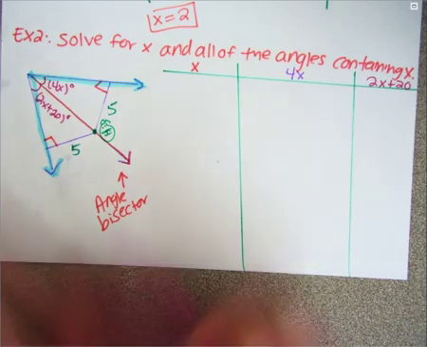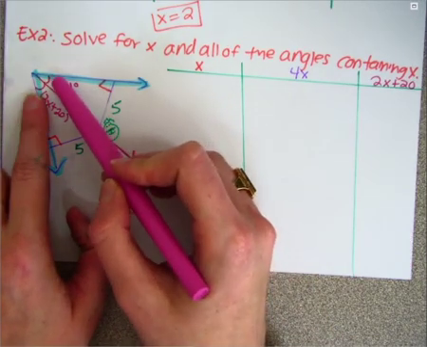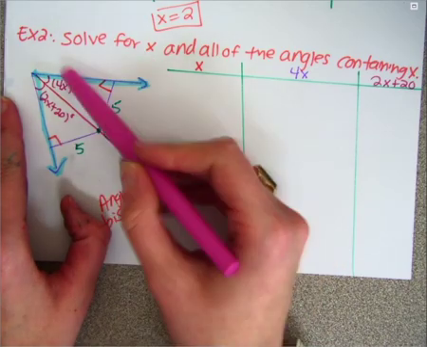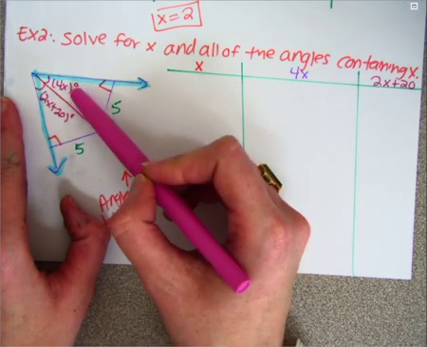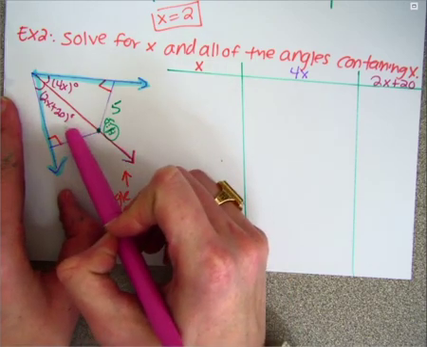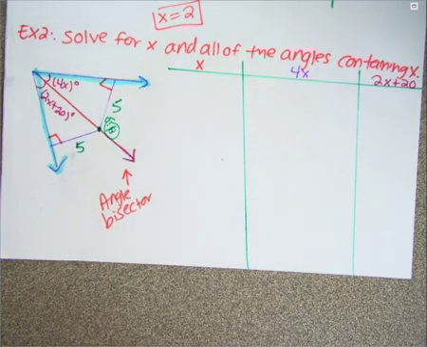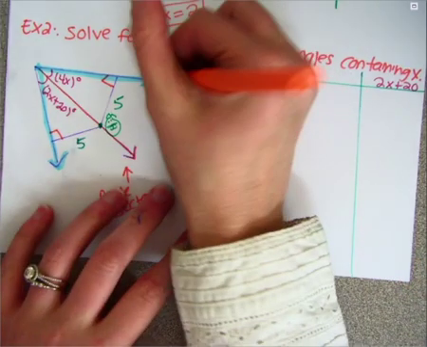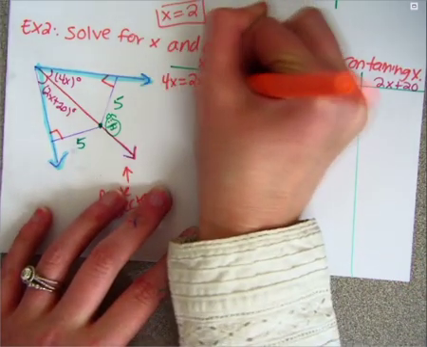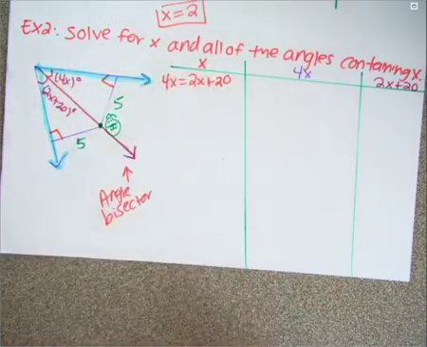Now that I know these 2 are congruent, their measures are going to be equal. So I'm going to set 4x equal to 2x plus 20 to solve for x.